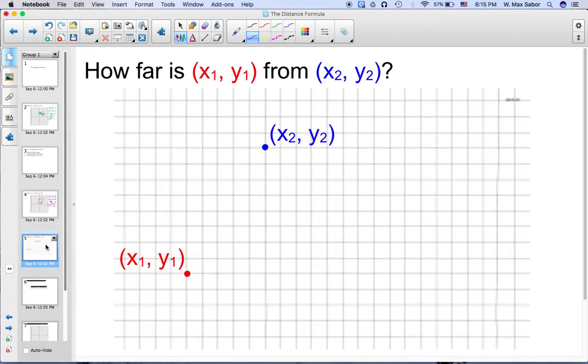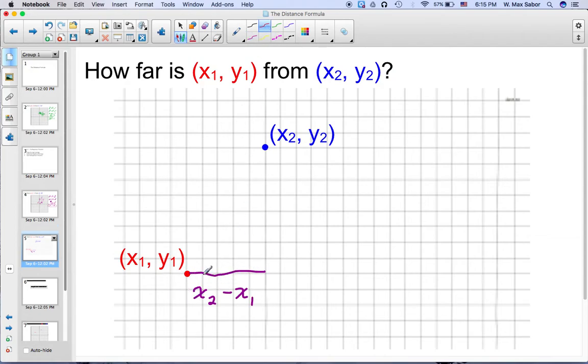Now, things become more confusing when we have variables instead of numbers, but the process is still the same. We still want to take this distance to the right, and the distance to the right is, well, however far this x2 is, minus however far this x1 is. That's that length.